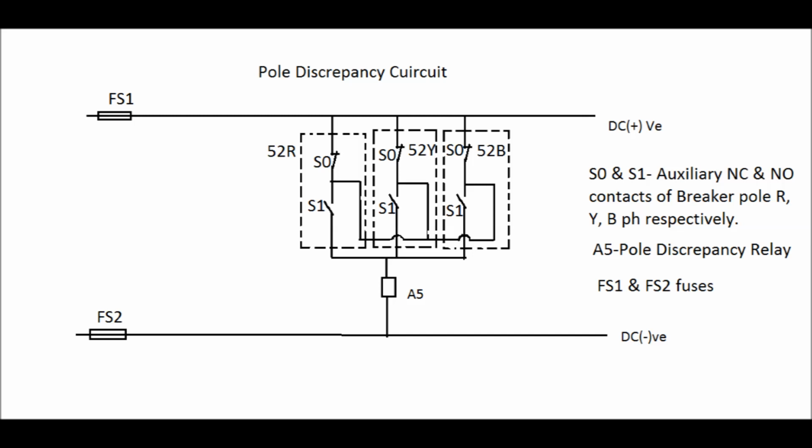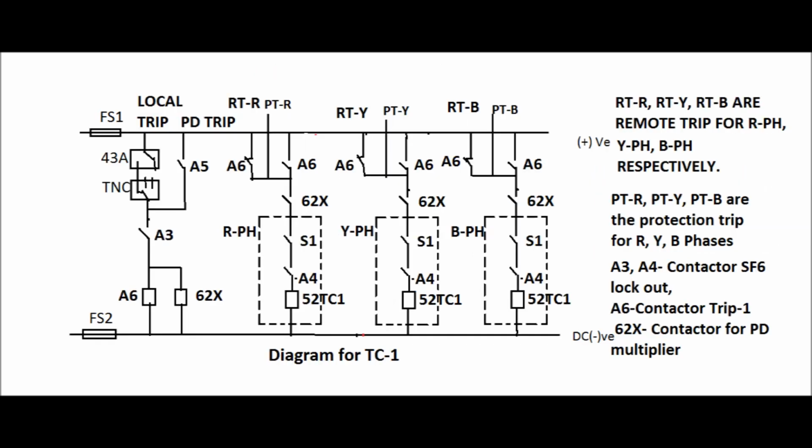Here S0 and S1 are the auxiliary NC and NO contacts in unenergized condition of the circuit breaker. Here three separate poles of the circuit breaker contacts are being shown. FS1 and FS2 are the fuses. The trip circuit of the pole discrepancy relay has been shown in this figure.